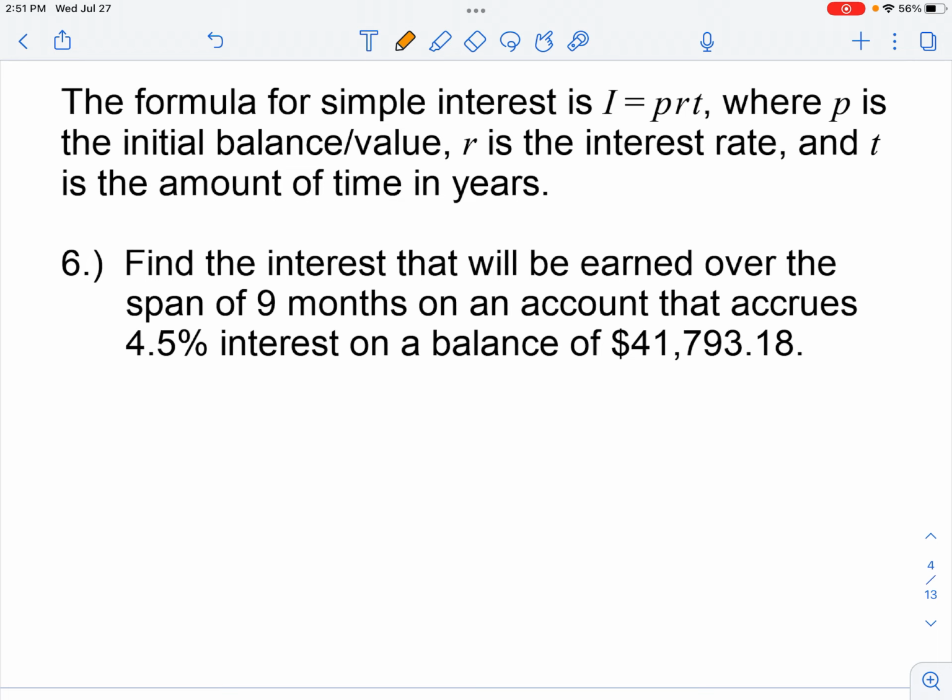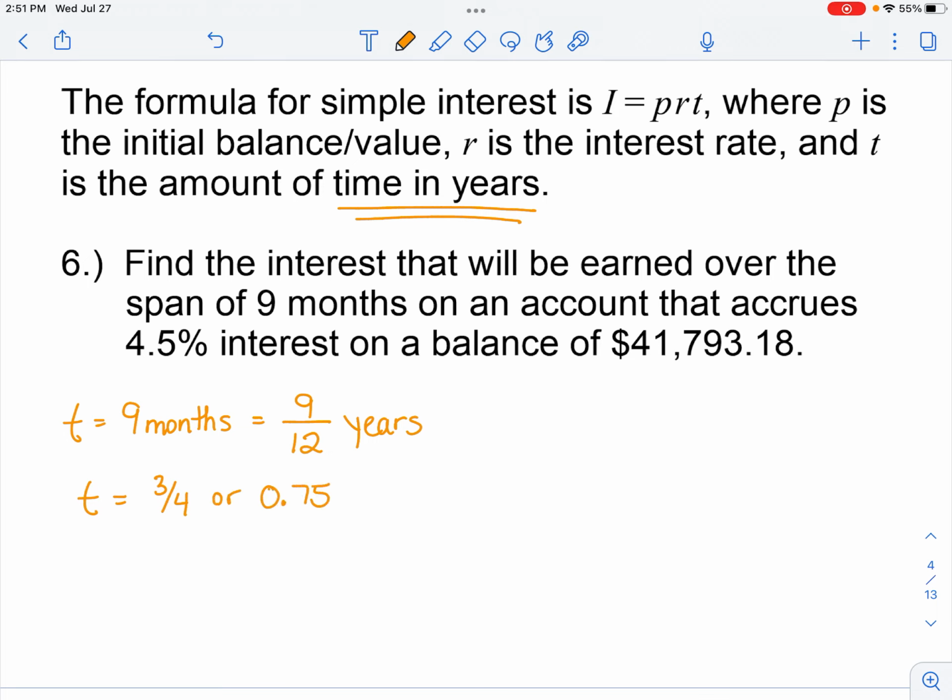All right, so problem number 6 here says, find the interest that will be earned over the span of 9 months, okay? So 9 months, T equals 9 months, but it says right here that is time in years. So that's 9 months out of 12 months in years. So T is actually equal to 3/4, or 0.75.